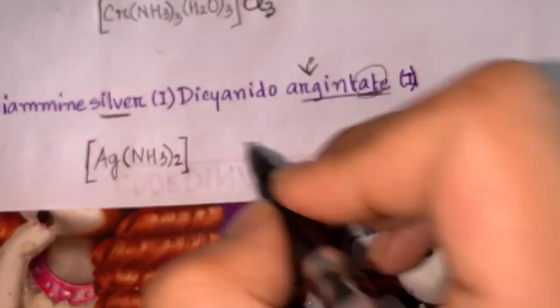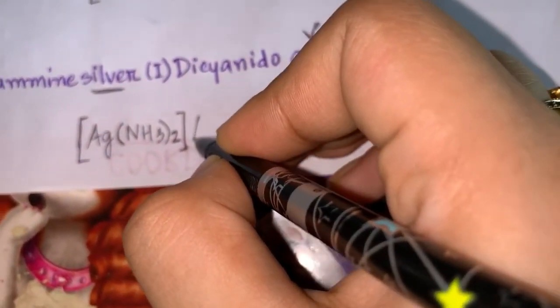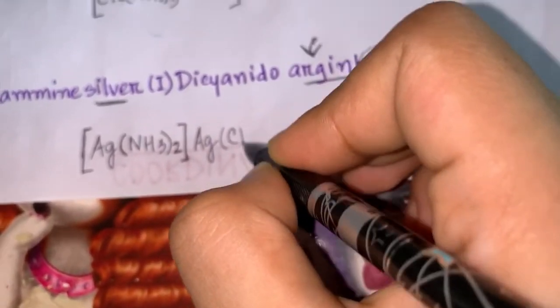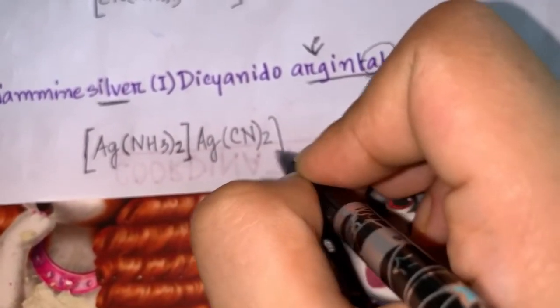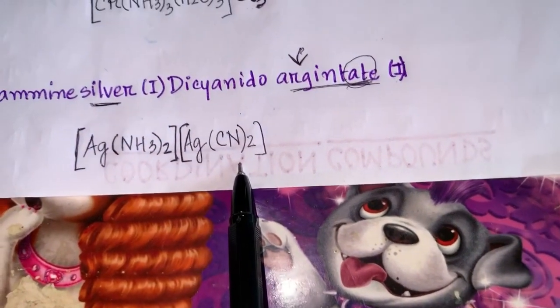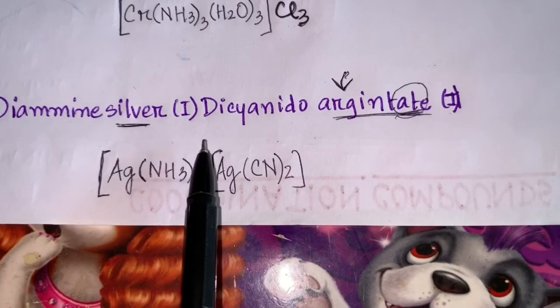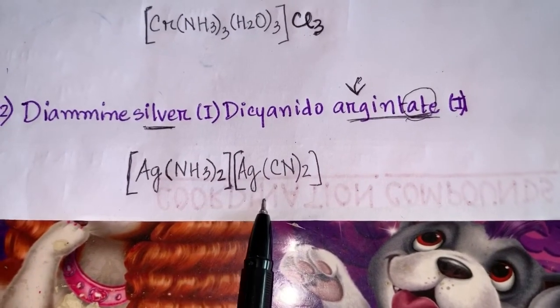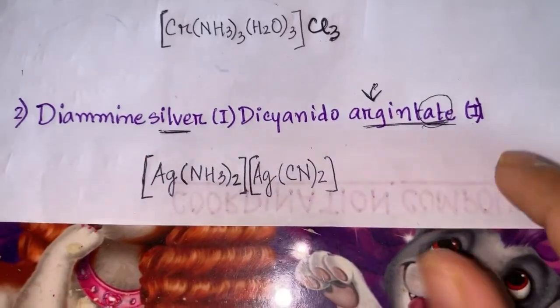So here its name will be Ag(CN)2, dicyanide. So it was having +1 charge, here -1, balanced, and this is the final formula for this compound.